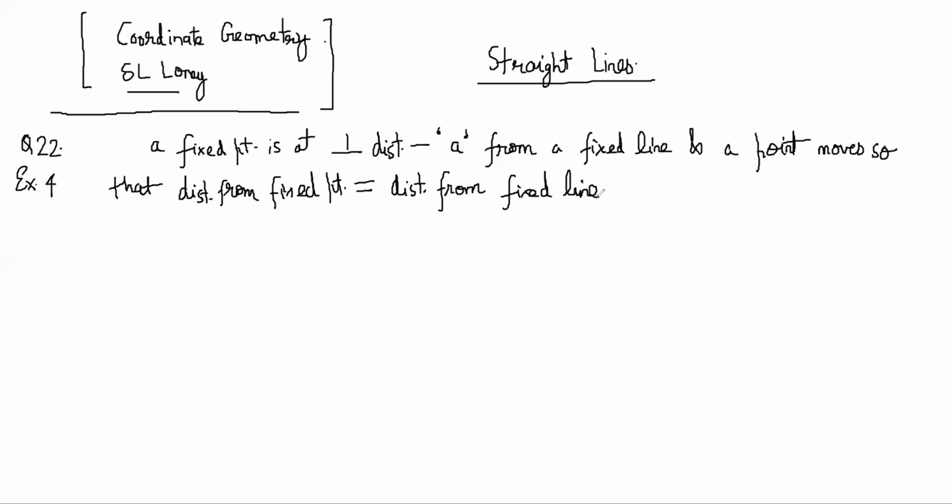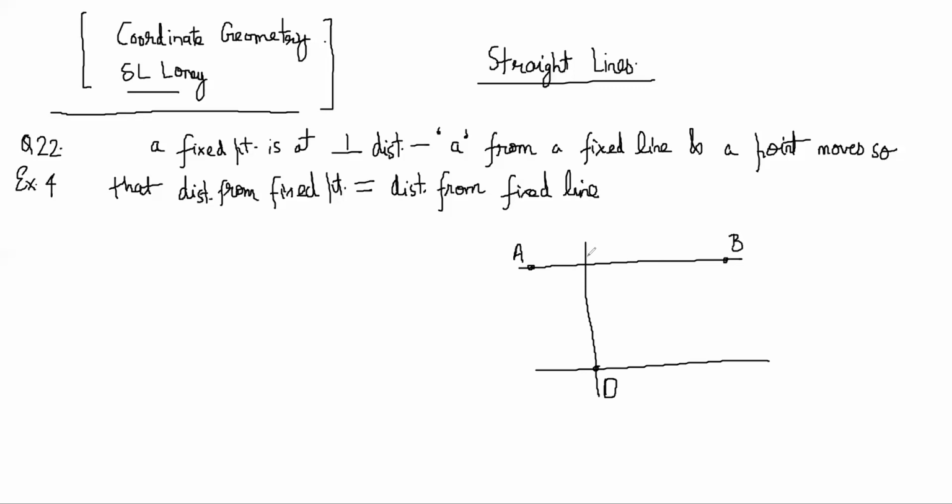Okay. So let's say this is the fixed point O, and let's say AB is the fixed line.